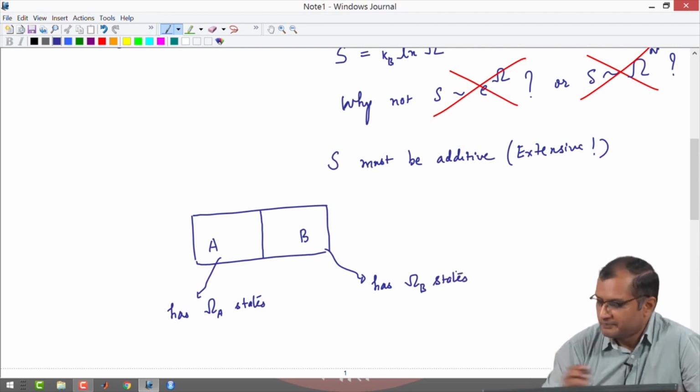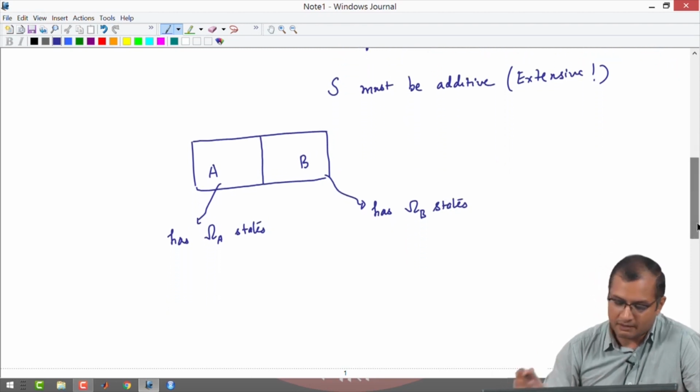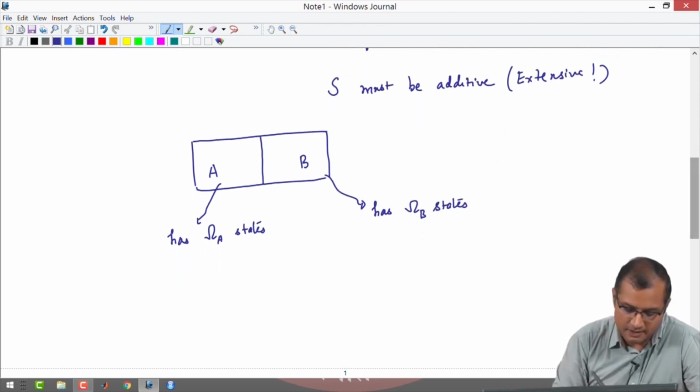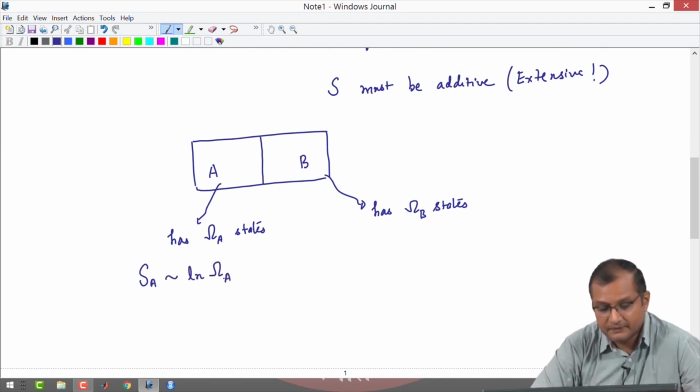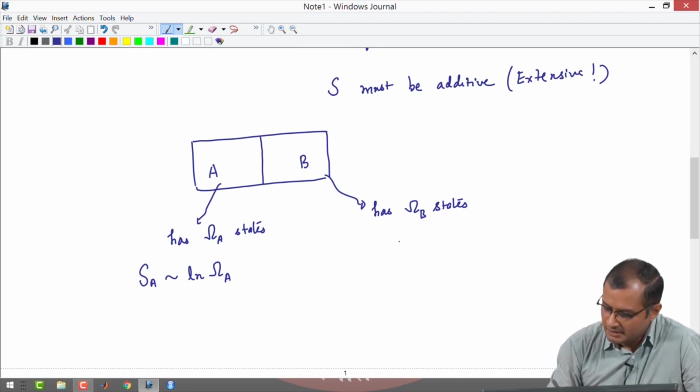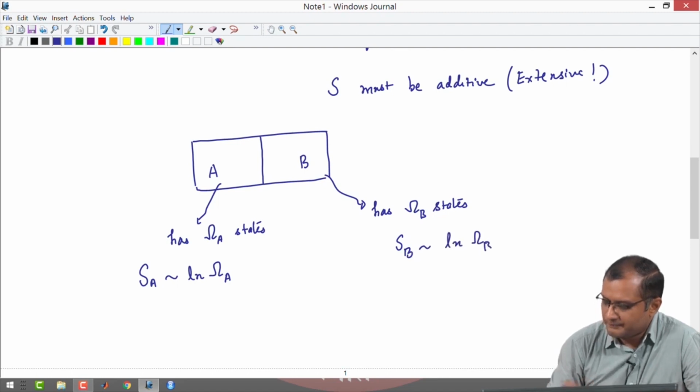Okay. So, one can say that the entropy of system A is like ln of omega A, the natural log of omega A, and similarly the entropy of system B is like ln of omega B. Fine.